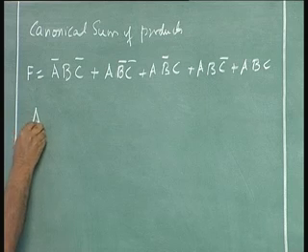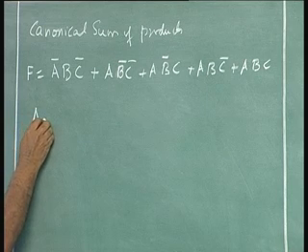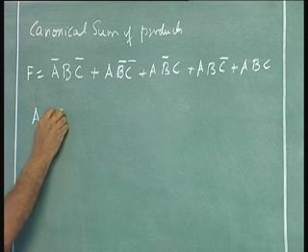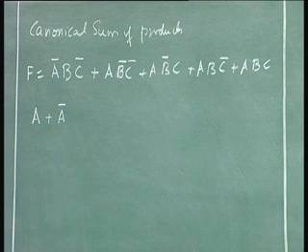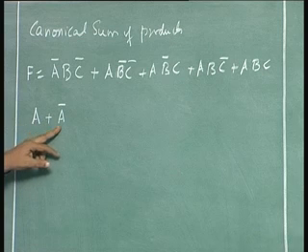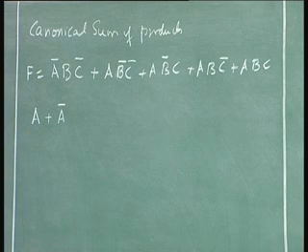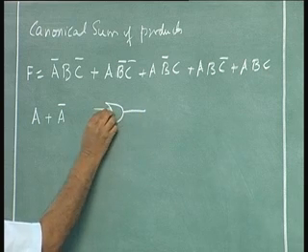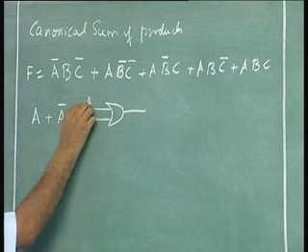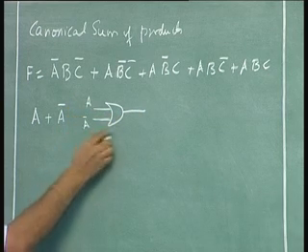Supposing I have a function A, and I take the OR combination of A or A bar. That means I have an OR gate in which 2 inputs are connected, one as the function A, the other as the complement of that function.